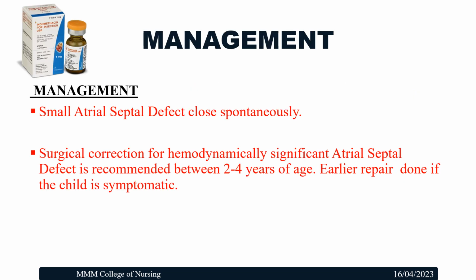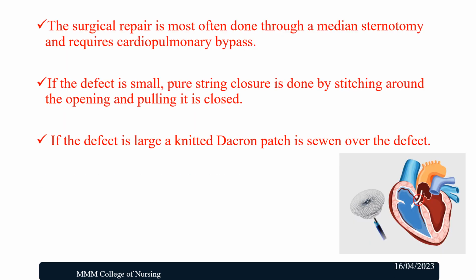Management. A small atrial septal defect will close spontaneously on its own. But if the child with ASD is hemodynamically stable, you can go for surgery between 2 to 4 years of age. If the child is very symptomatic, you can do the repair. The surgical repair is planned and executed by median sternotomy, which requires cardiopulmonary bypass.